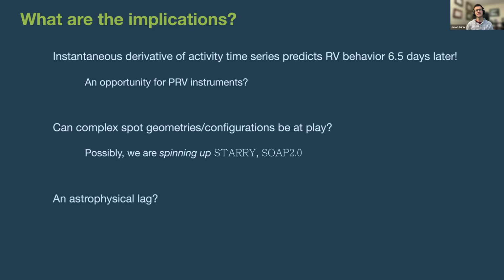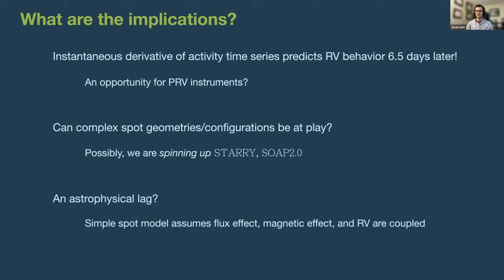But thinking a little more astrophysically about, if this model is true, what could this be telling us about what's happening on the star? Under a simple spot model, we are assuming that the flux effect, the magnetic effect, and the RVs are all coupled. And so perhaps one of those in this chain is being not necessarily decoupled, but pushed out of phase.